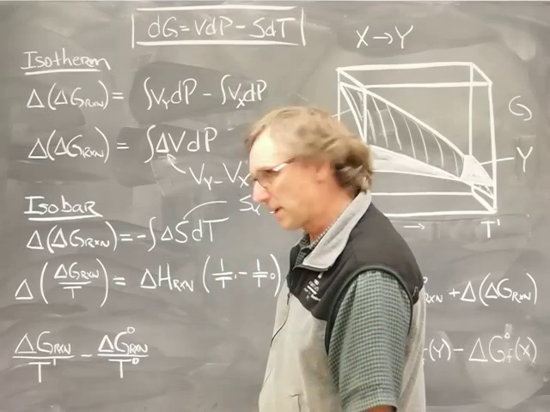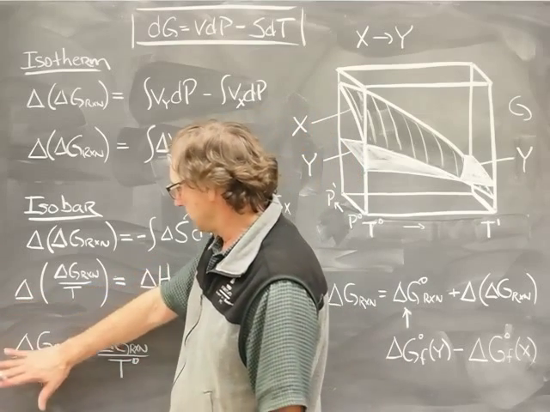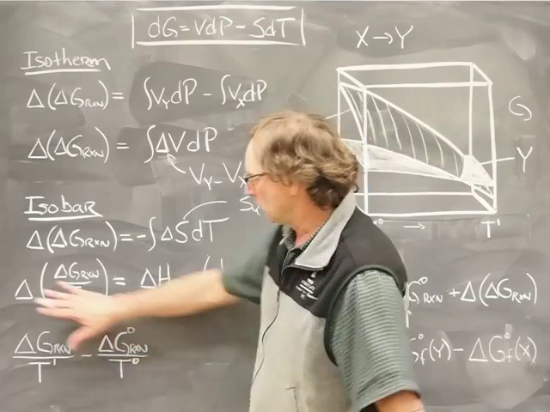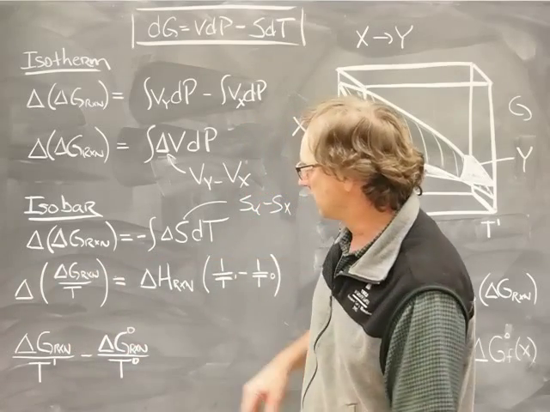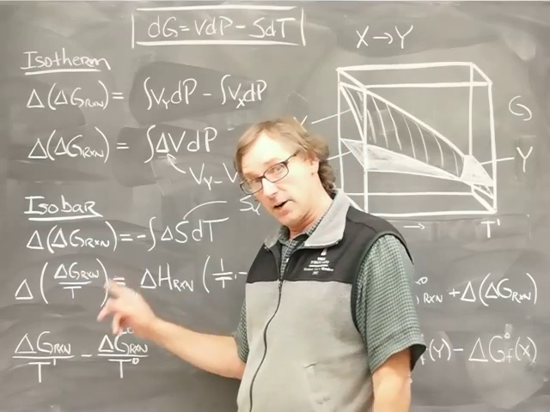There's a better way of doing it, thought to be more accurate, and it's the Gibbs-Helmholtz equation. And I've written the Gibbs-Helmholtz equation this way, and it goes like this. The change in delta G of reaction divided by T now.